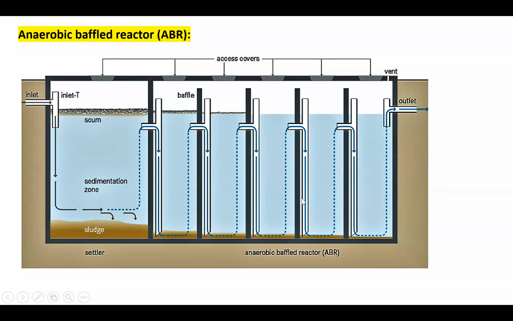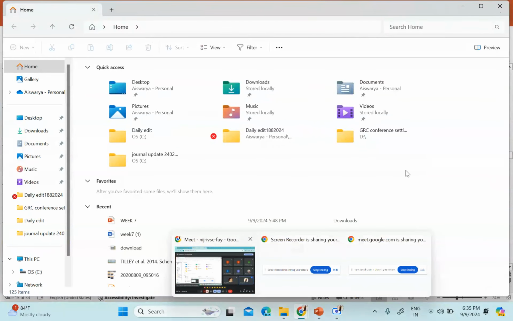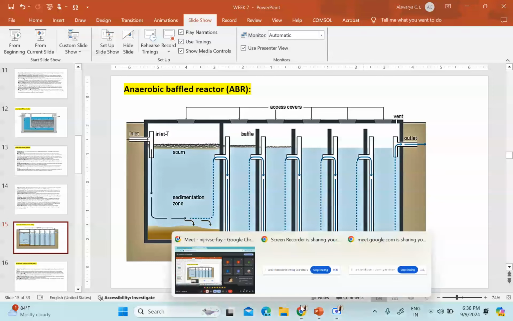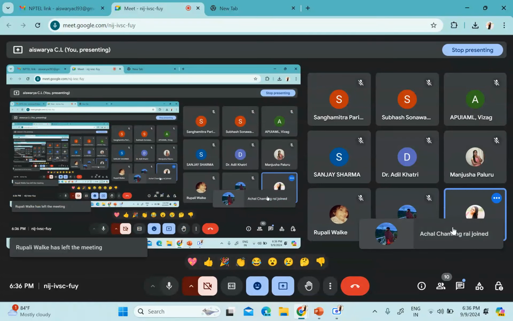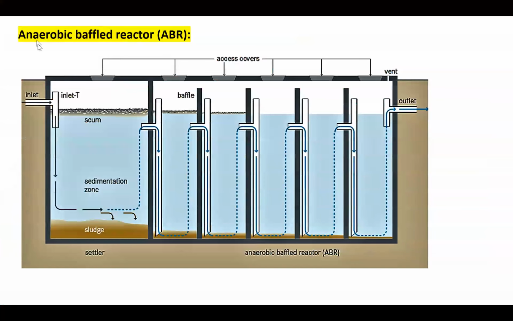With baffles, it is increasing the time for the processing, so the microorganisms are getting more time. They can process it. They will be very happy that they are getting more time.